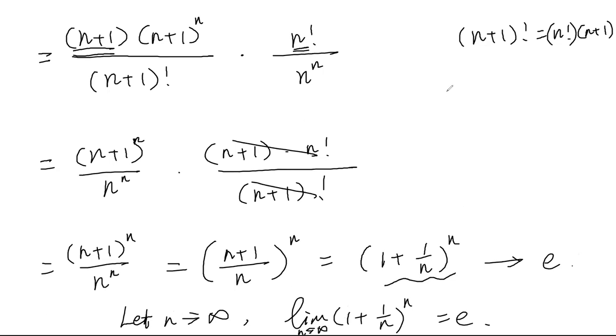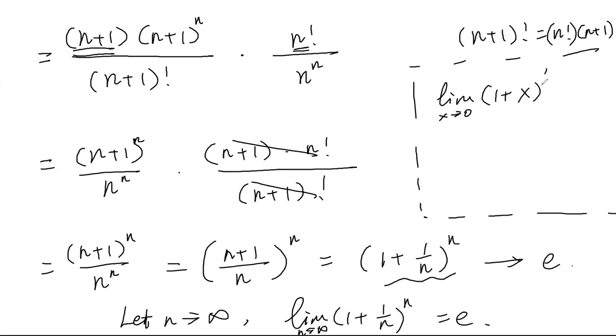I think in engineering Calculus 1, the limit we have seen is the limit as x approaches 0 of (1 plus x) to the 1 over x is equal to e. In this case here, when n goes to infinity, you can let x be 1 over n. So then when x goes to 0, n goes to infinity. Or I can add 0 plus here, which represents x as a positive number.